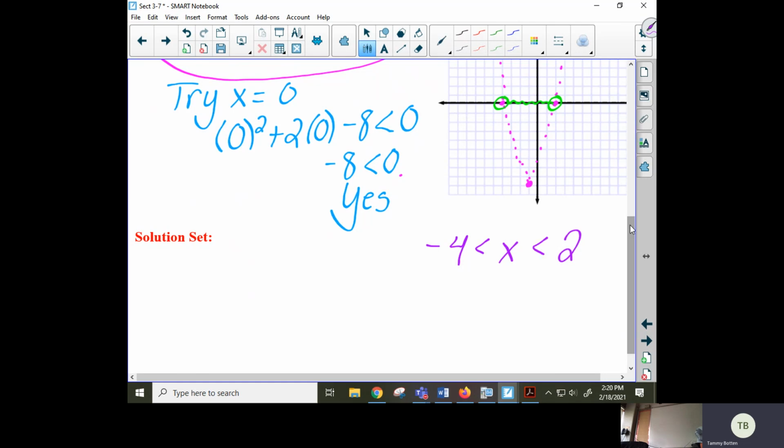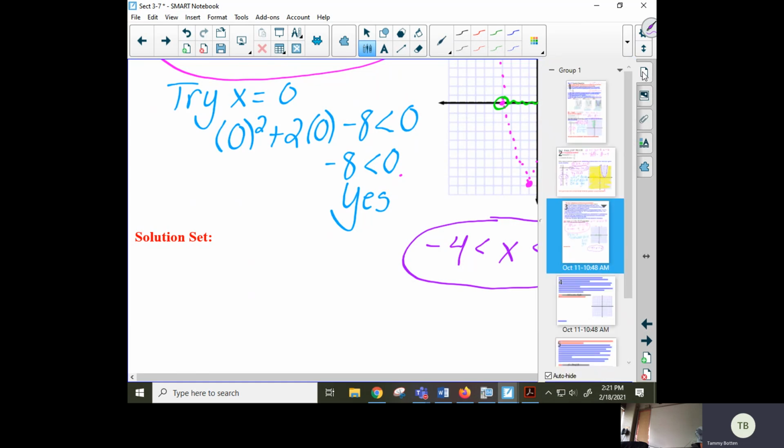If these are closed circles, which they're not, but if they were, you'd have greater than or equal to signs, but we don't because ours is open circles here. So these are the x's that would work in our equation. This is our answer. It's always less than? Yes, if you put the smaller one here and the bigger one here, they're always less than.